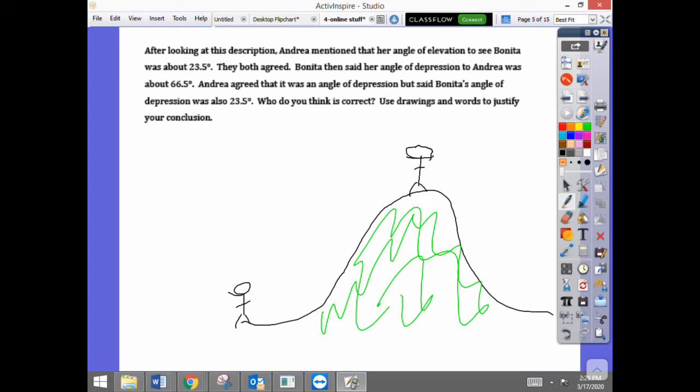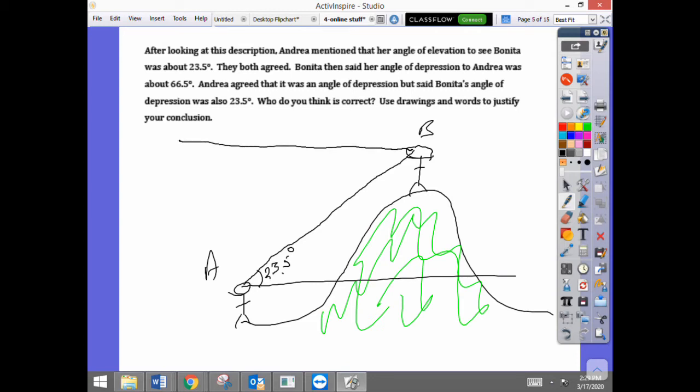Andrea mentioned that her angle of elevation, so she's looking up at Bonita. This is Andrea. This is Bonita. And she says her angle of elevation, which would be this angle right here, is 23.5 degrees. Bonita then said her angle of depression to Andrea. So angle of depression, so her horizontal line of sight is right here.